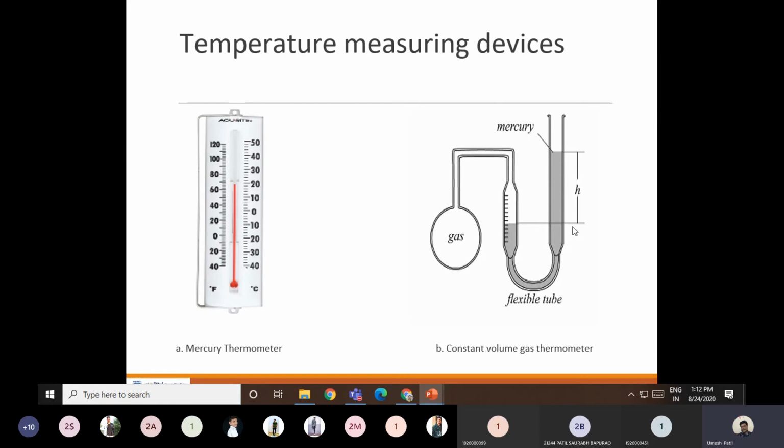Let's say the initial level of mercury is this one, and after some time interval the mercury level will settle at a certain height. By using this height we can measure the temperature of the gas, similar to the mercury thermometer. So this is the second temperature measuring device.